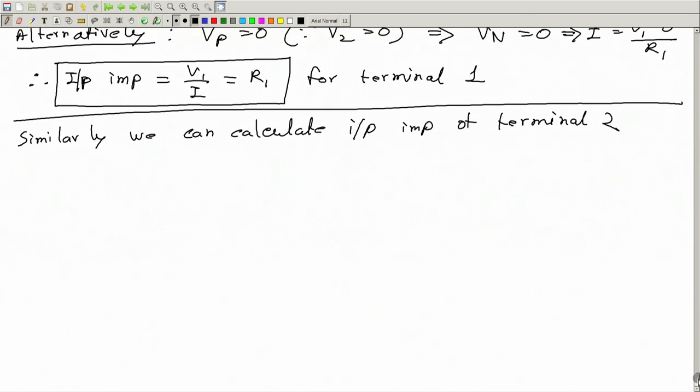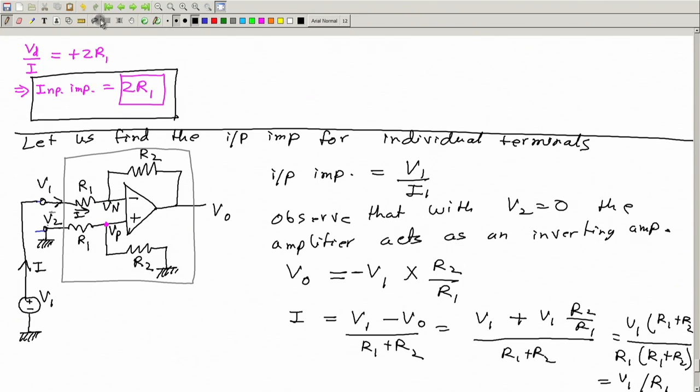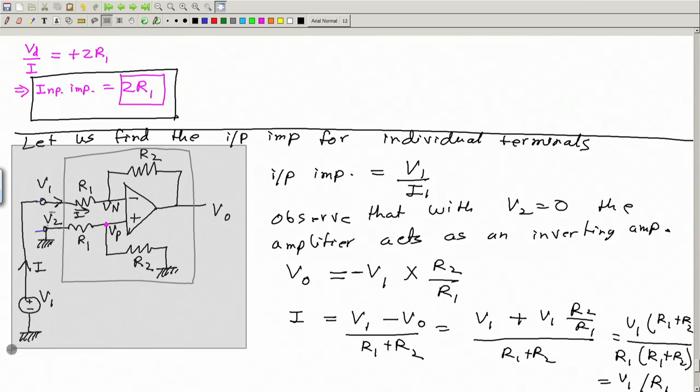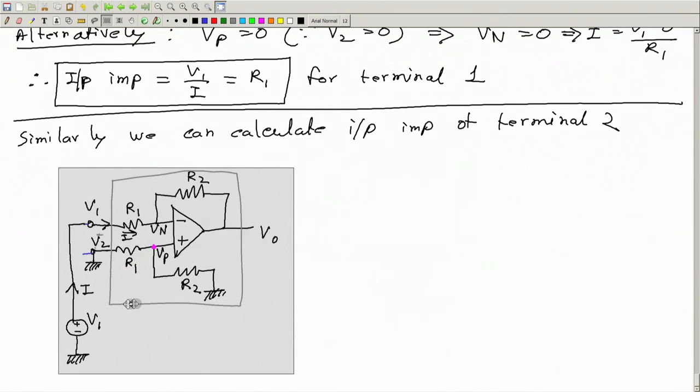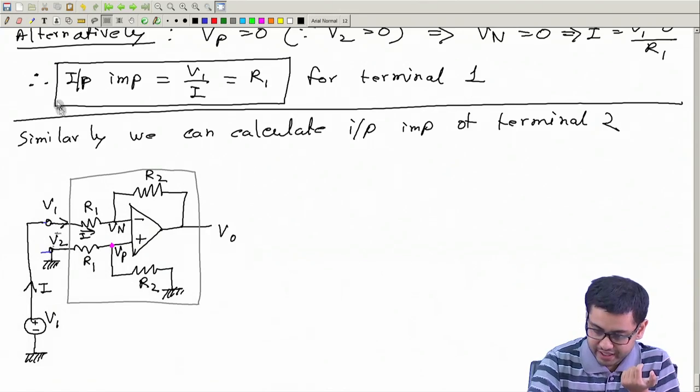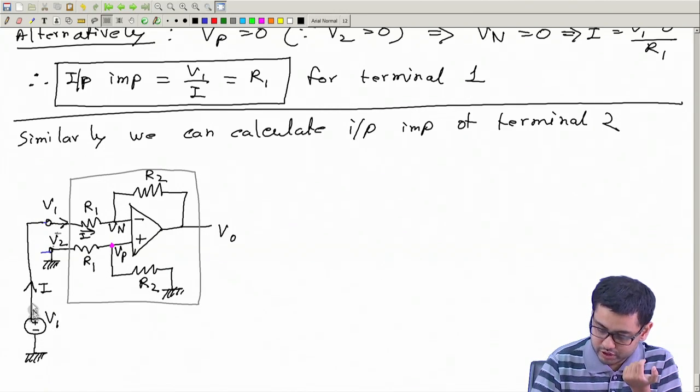How? This is the circuit where instead of applying this voltage source to terminal 1, I will apply it here.